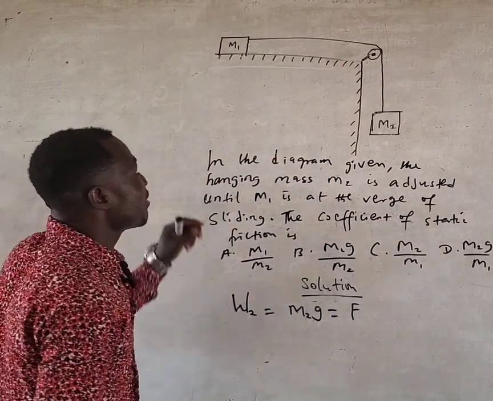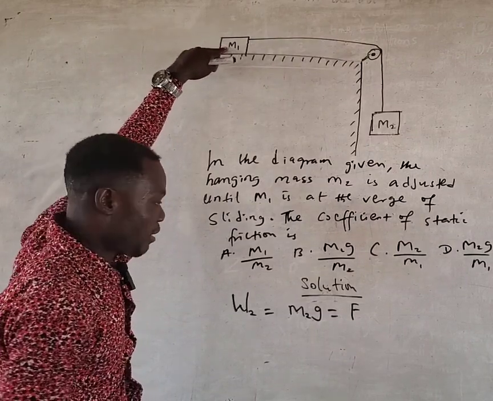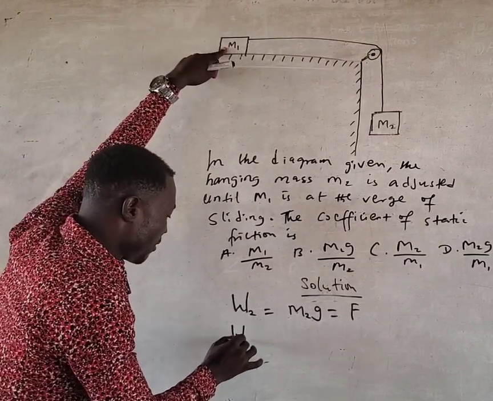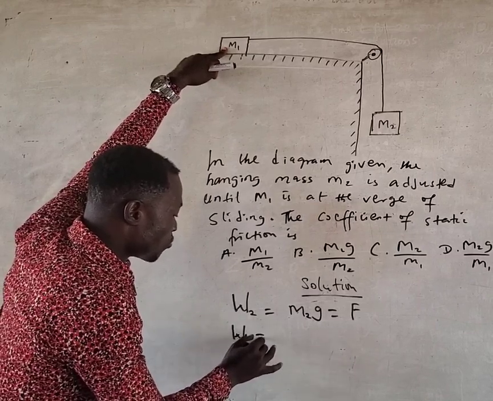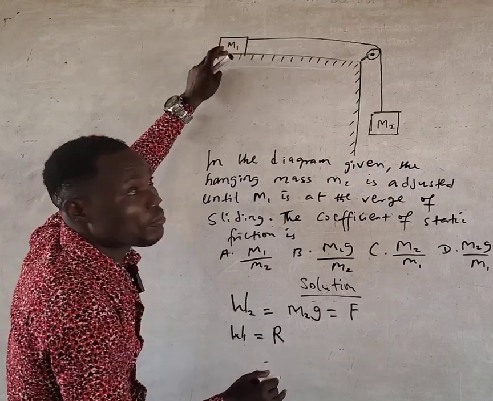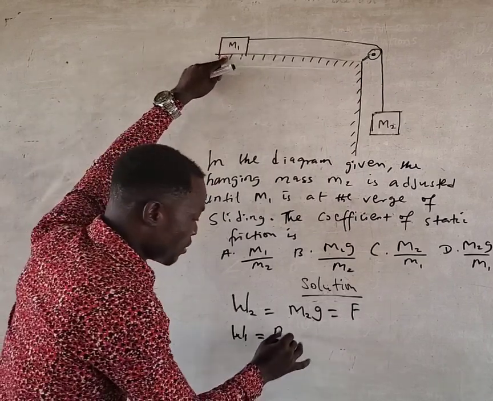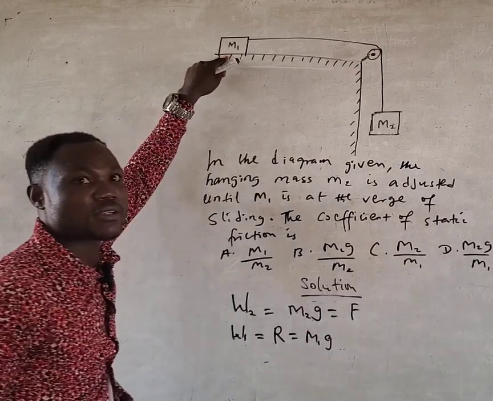Again, the reaction of the weight of M1 is actually equal to the normal reaction R from the surface, which is equal to M1G.